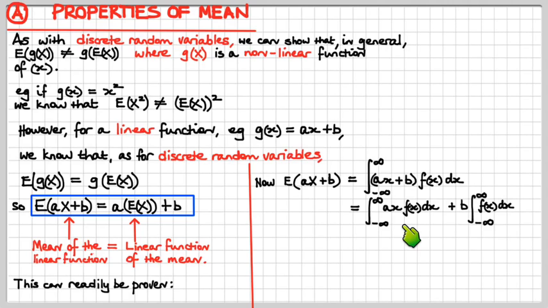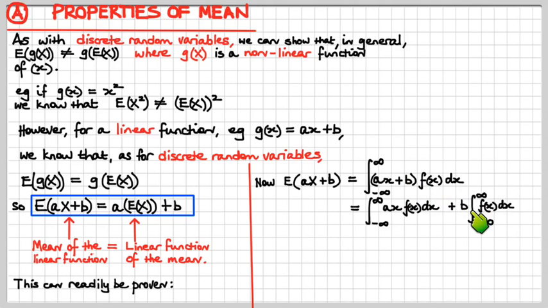And if you split those two terms in the integral, which have the plus sign between them, you get the integral of a times f of x with respect to x from minus infinity to plus infinity, plus b times the integral of f of x. You agree with that from the previous line?